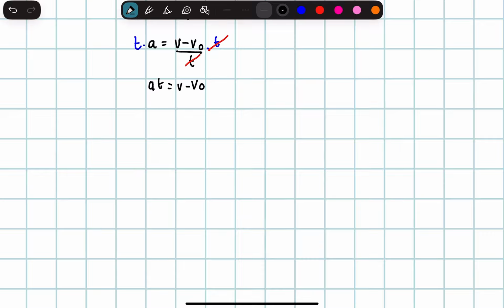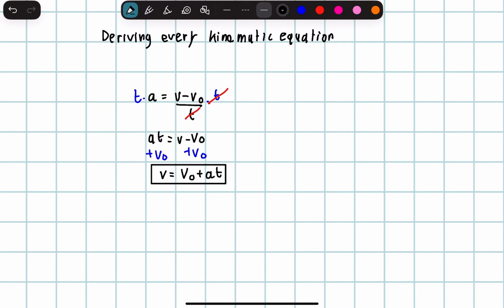Now, if we add v initial, then we have v is equal to v initial plus acceleration times time. Which is our first CAKE equation.